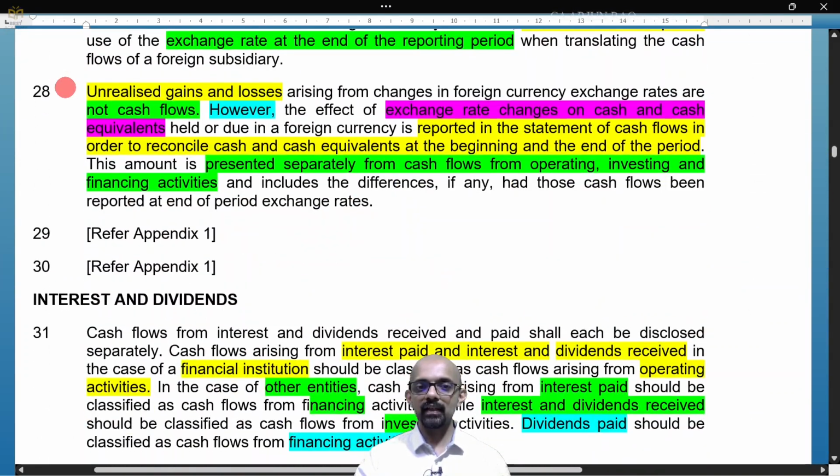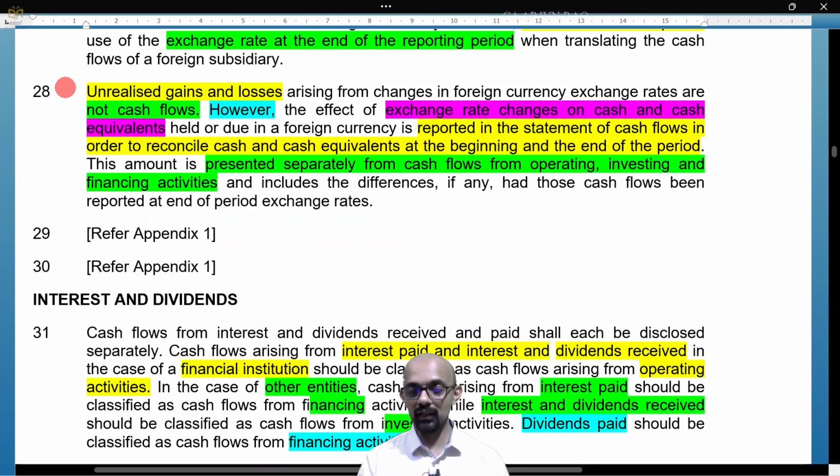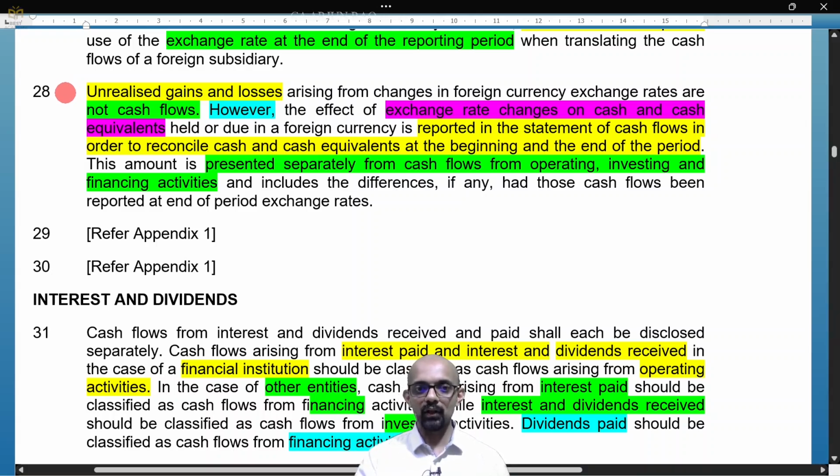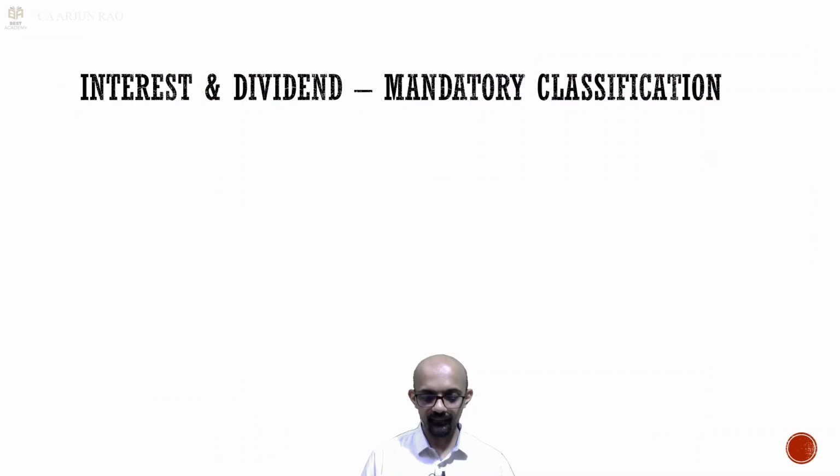So basically in that video we saw that even for cash and cash equivalents, generally no adjustment is made, but foreign currency gain or loss relating to cash and cash equivalents must be shown after the cash flow statement in order to reconcile the cash and cash equivalents as per the cash flow statement with the values as per the balance sheet. So, the logic has been explained in that separate video. You may please refer that. It is there in the link below.